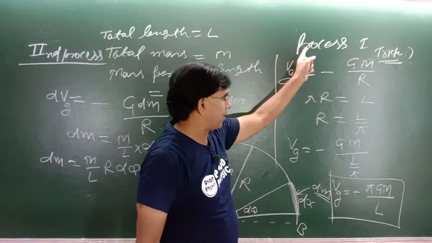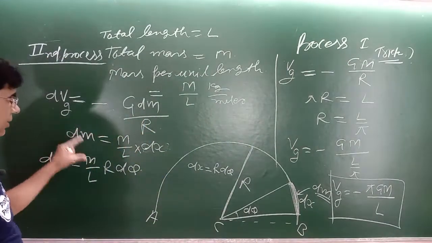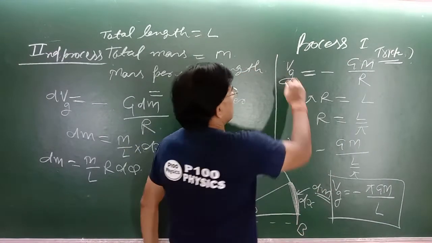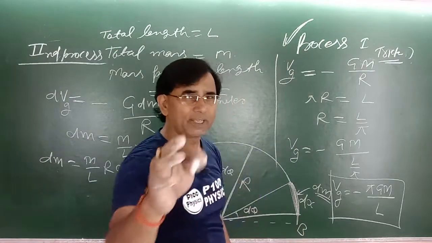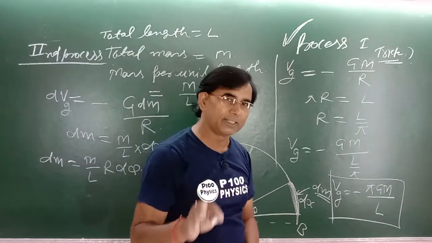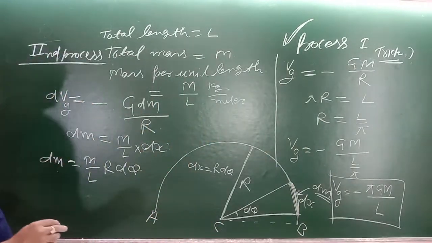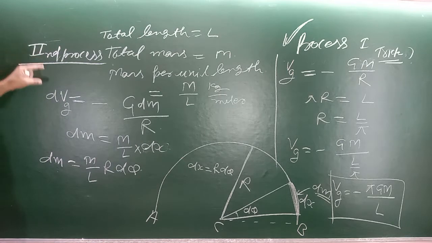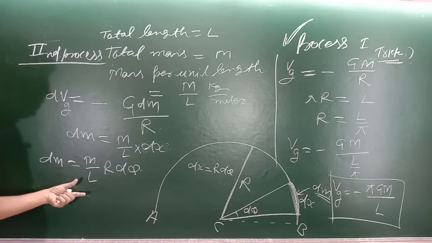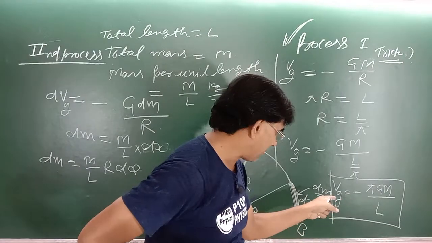This is a very smart process, directly you can solve it in a single step to get the value of Vg, and this is the integration process, which is somewhat lengthy, but the answer will be the same. Vg equal to minus pi Gm upon L.